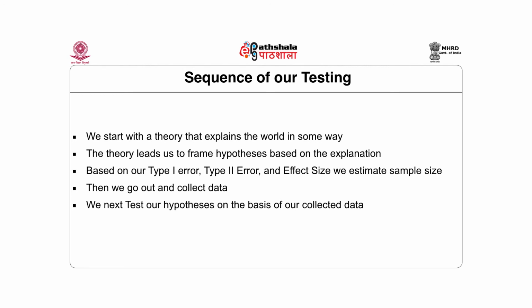Based on this basic information which we set up in the beginning of our study, we go out and we collect samples of our data, and then we come back and run our analysis. There are a number of different ways in which we can run the analysis, and if our outcome variables are continuous and our explanatory variables are continuous, then we conduct tests such as t-tests to run them.